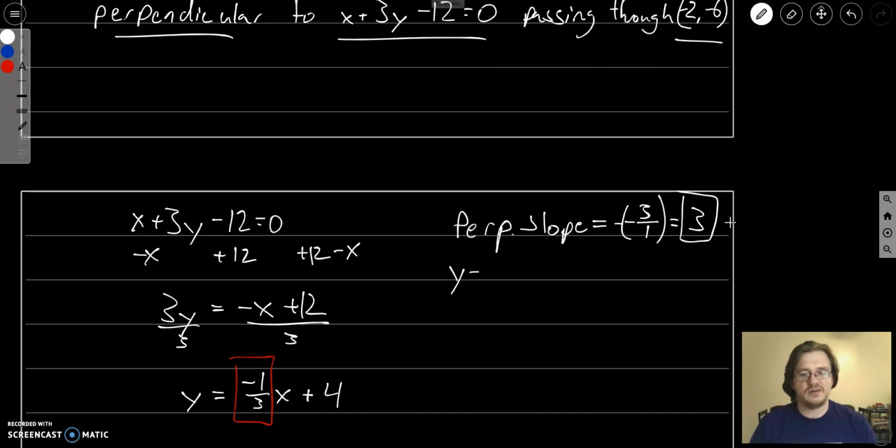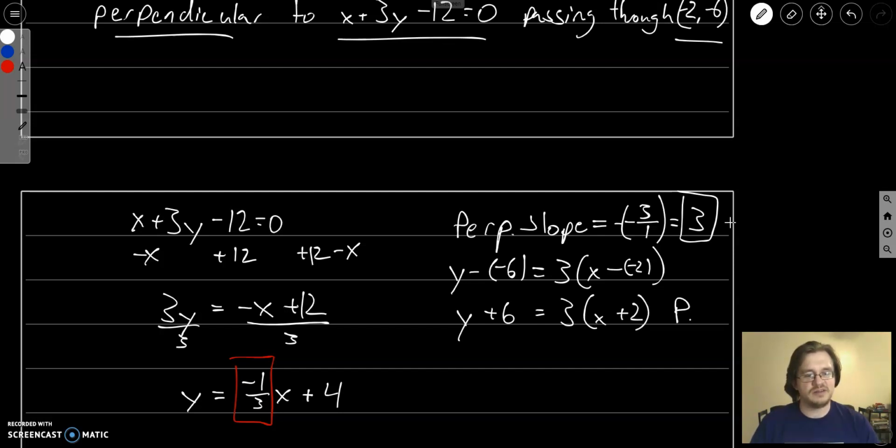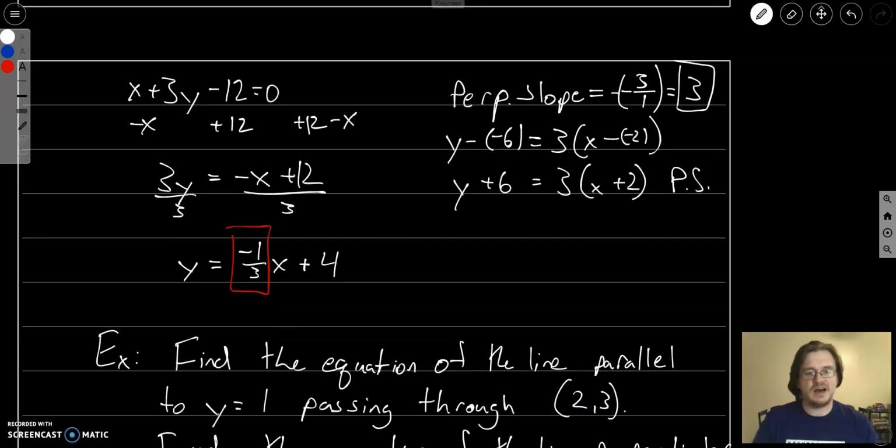We'll take y minus the y coordinate is equal to the slope times x minus the x coordinate. Simplifying this, we get y plus 6 is equal to 3 times x plus 2. So again, this is point slope form, which is great, but maybe we want it in a different form.